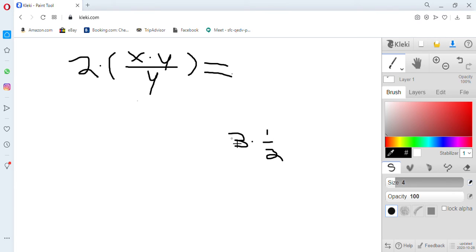So because 3 times 1 is 4. I mean, no, actually 3 times 1 is not 4. 3 times 1 is 3. And you take that, 3 divided by 2, I think, is 1.5.